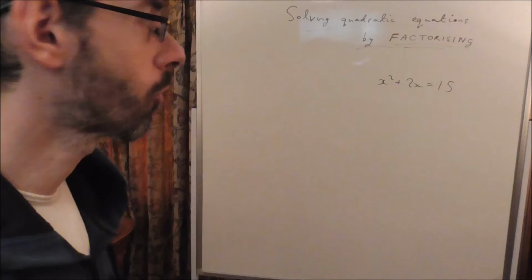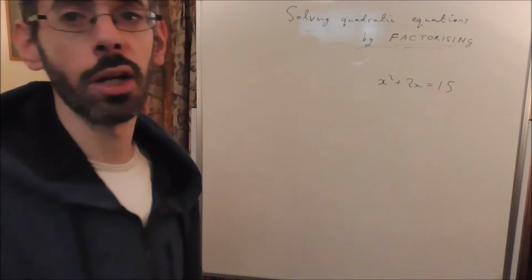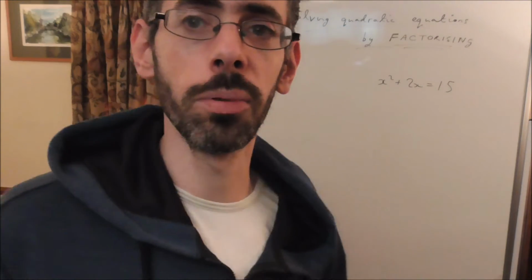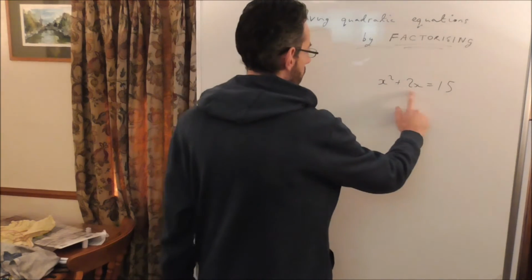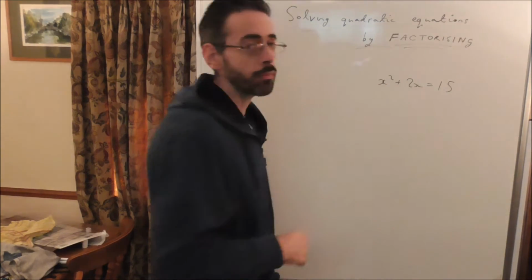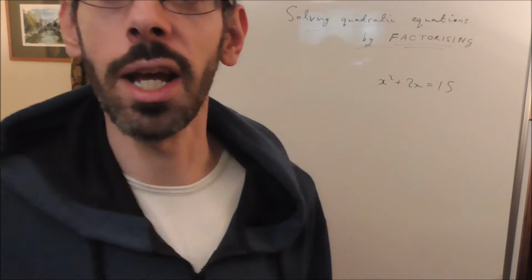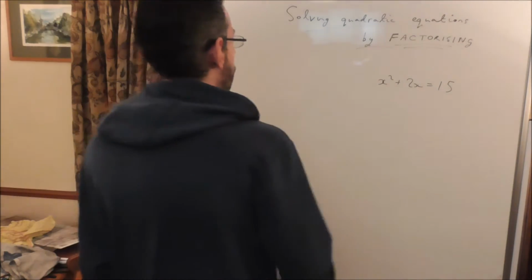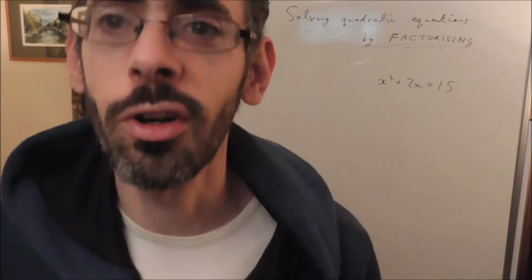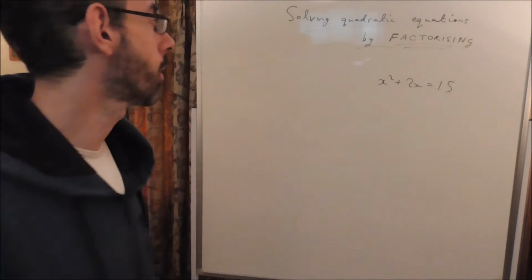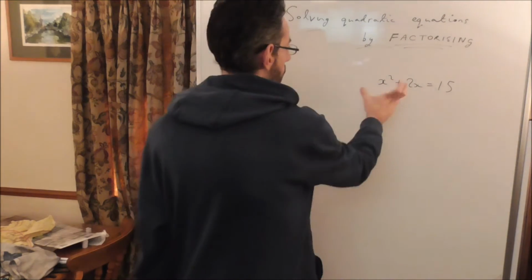It can't have any higher powers than x squared, so it can't have x cubed, for example. It can have other terms, though. It can have an x term. It can have a number term. But to be a quadratic equation, it's got to have an x squared term. So here's a quadratic equation. And what we're going to be doing today is solving quadratic equations. In other words, we're going to be finding the value of x that makes both sides the same.